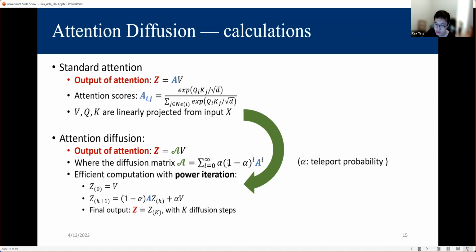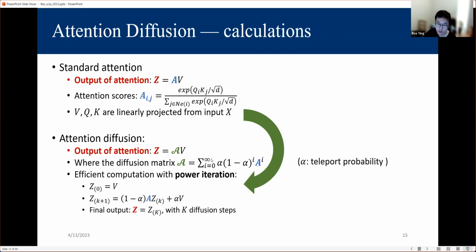The curly A, by definition of graph diffusion, is the sum of a bunch of powers of A, weighted by alpha, where alpha represents a teleport probability. So it's kind of like a random walk notion. And we can do this efficiently through an approximation, a power iteration.